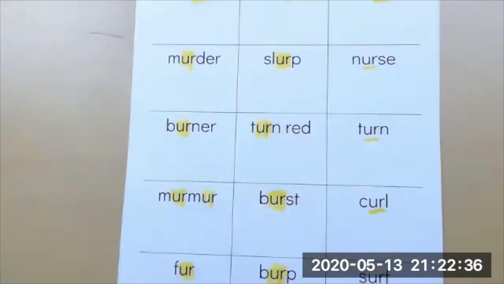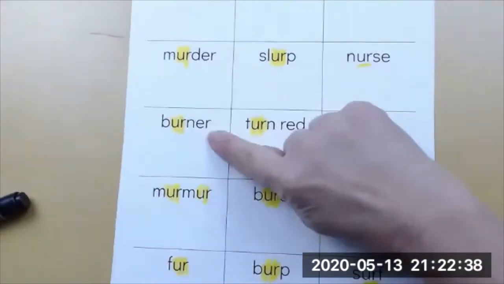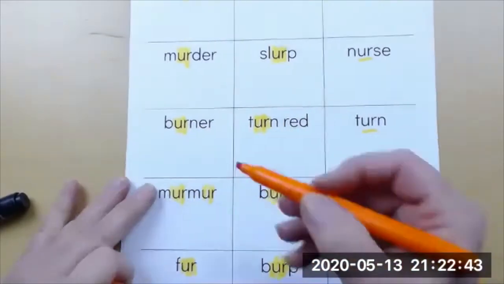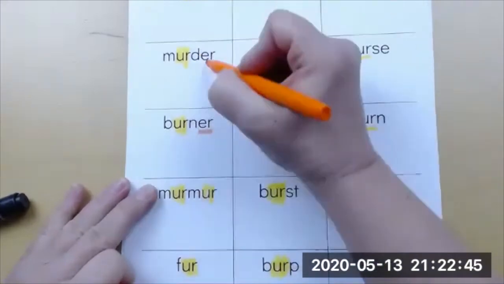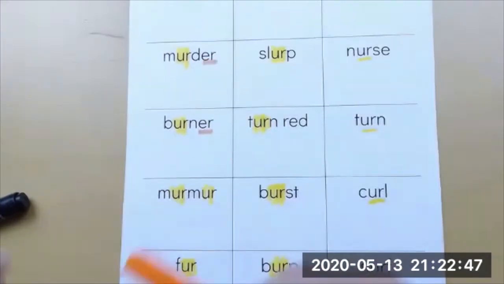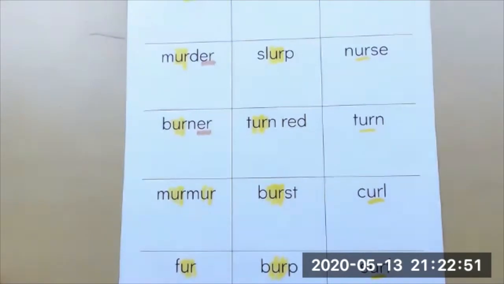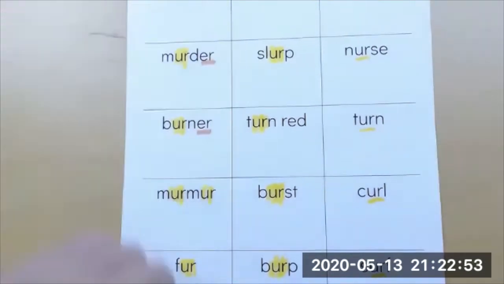Then they might say, Miss Kristen, I see another, and I would say, oh great, do you want to underline it or highlight it? Oh, I want to underline it. All right, fabulous. That's ER. What is that? I think I remember. Oh, it's ER, flower. You can pre-read the words on your card if your child needs that level of help.